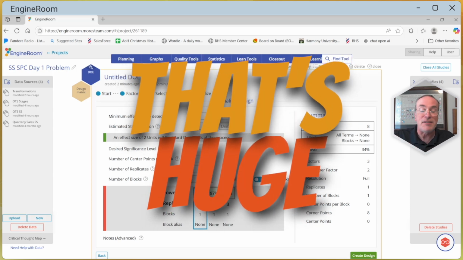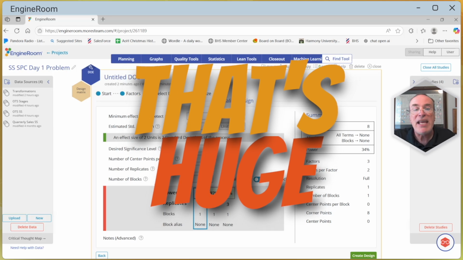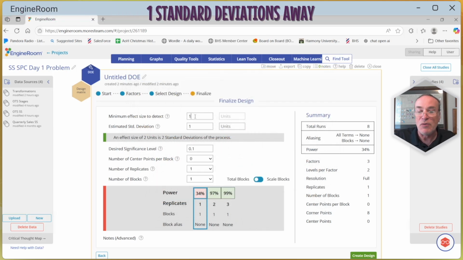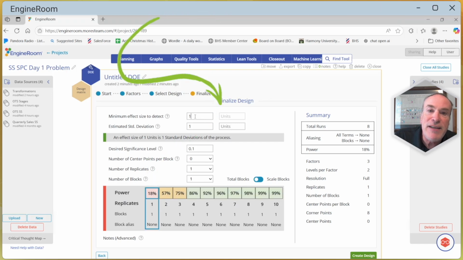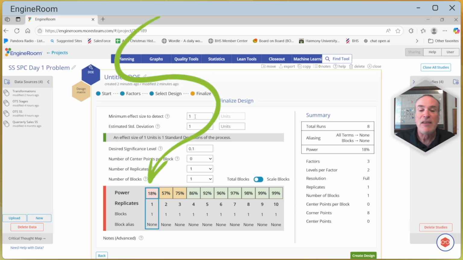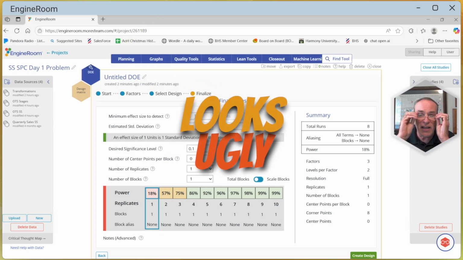So let's just make it one standard deviation away. What does that look like? And all of a sudden we can see our power drops to 18%. The smaller the difference, the smaller the power. So you go, gosh, that looks ugly.